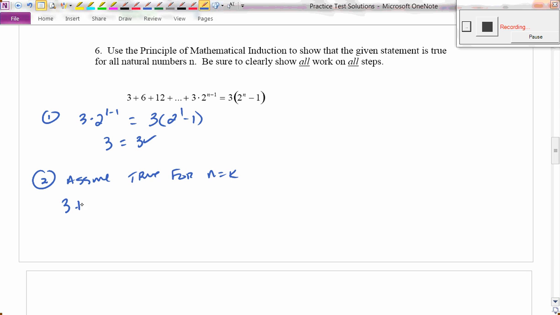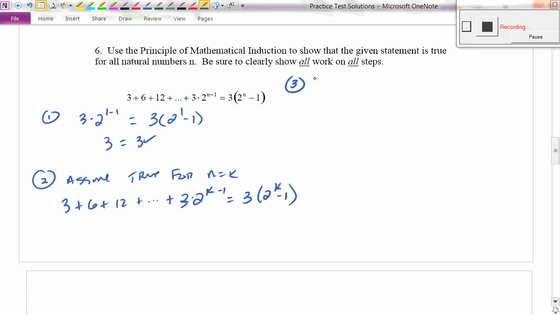So we have 3 plus 6 plus 12 plus blah, blah, blah, plus 3 times 2 to the k minus 1 is equal to 3 times 2 to the k minus 1. So that's the second step.